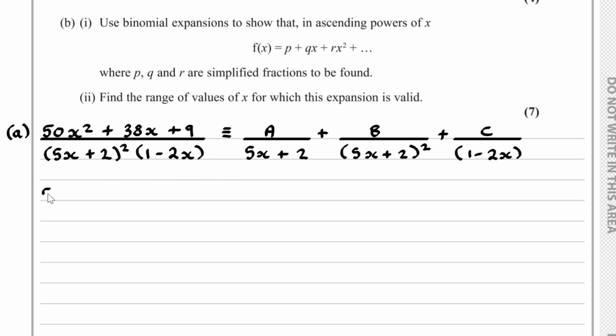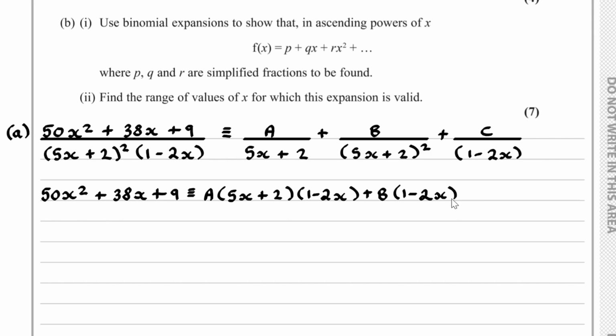And if we do that, we've got 50x squared plus 38x plus 9 being equivalent to a lots of (5x plus 2) lots of (1 minus 2x) plus b lots of (1 minus 2x) plus c lots of (5x plus 2) all squared. And what we need to do is find the values of a, b and c.